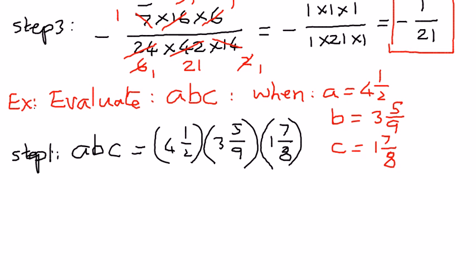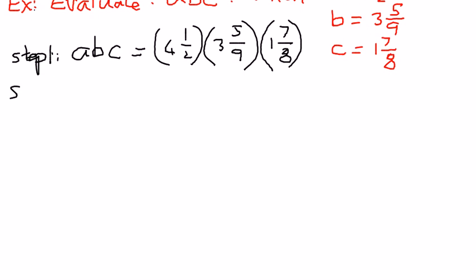As a second step, we're going to simplify or rewrite these mixed numbers into improper fraction format. So let us take 4 and 1/2, the mixed number, and then write it as an improper fraction. The way we do that is as follows.